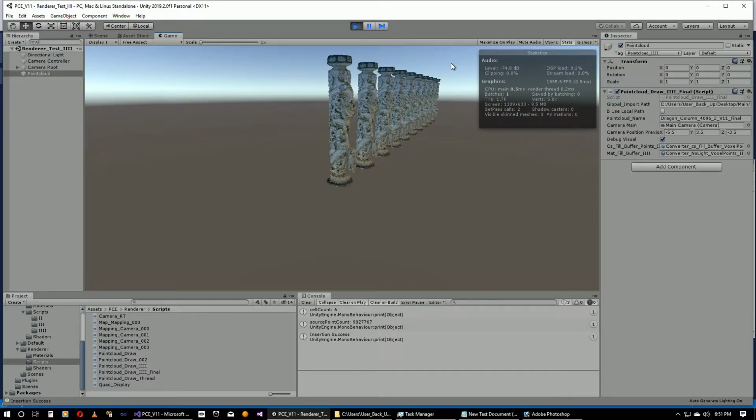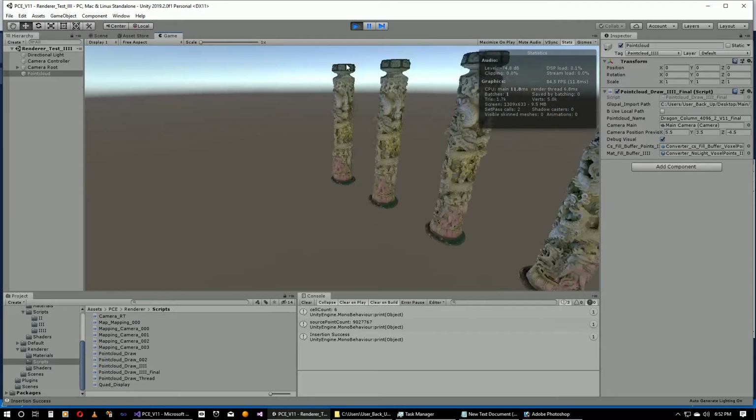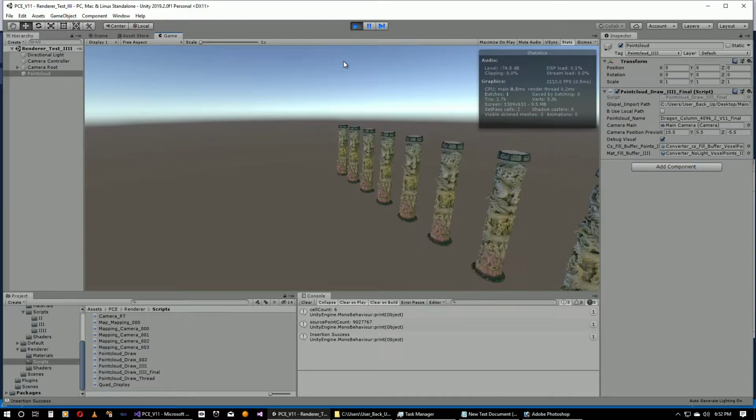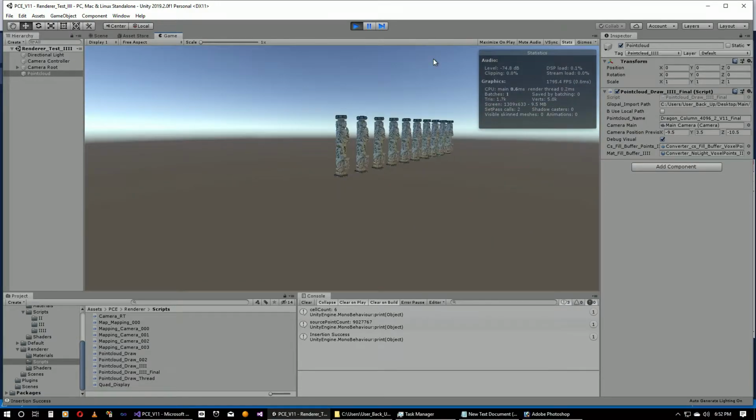I can still instance that 100 times or 10 times or whatever, because essentially you'll only have probably about 1.5 times the pixel count on the screen of indexes at any given time. So it is pretty cool.